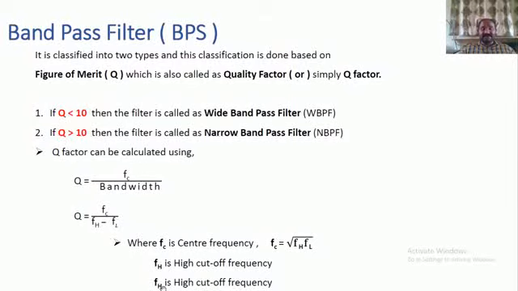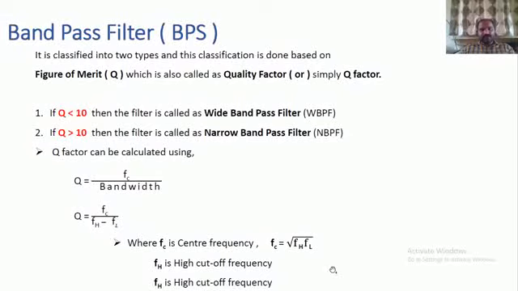So using this formula, Fc equals the square root of Fh into Fl, we can calculate the center frequency of your band pass filter.